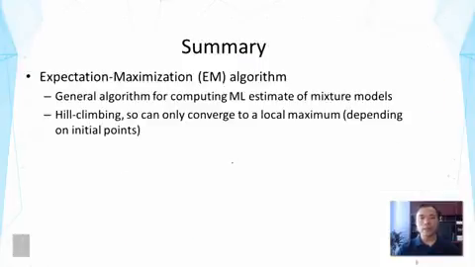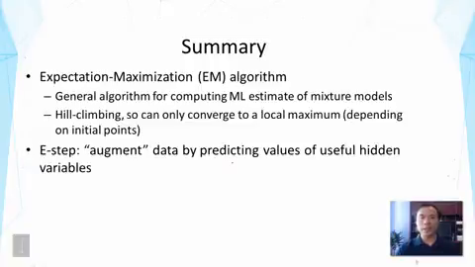To summarize, in this lecture, we introduced the EM algorithm. This is a general algorithm for computing maximum likelihood estimates of all kinds of mixture models, so not just for our simple mixture model. And it's a hill climbing algorithm, so it can only converge to a local maximum, and it will depend on initial points. The general idea is that we will have two steps to improve the estimate of parameters.